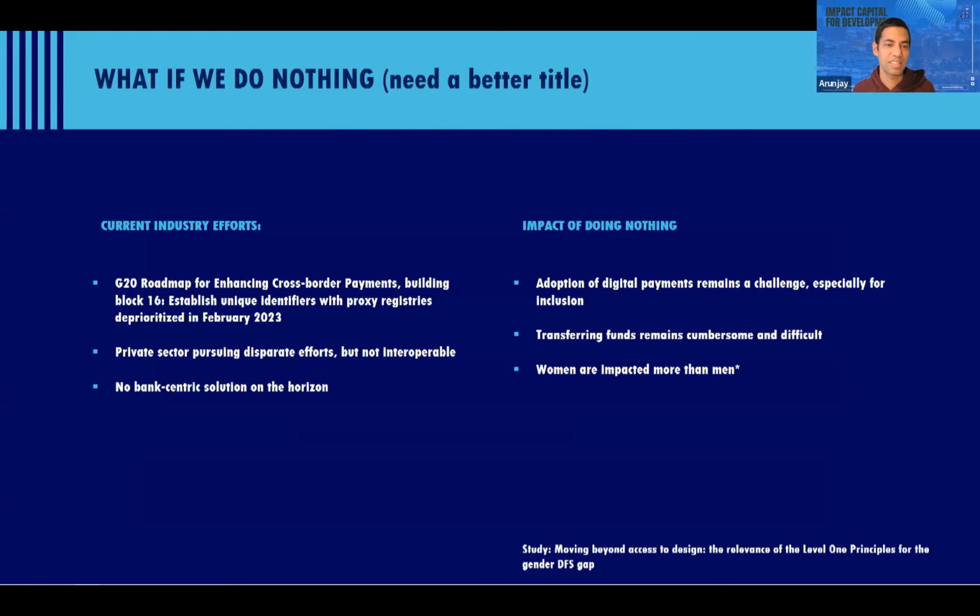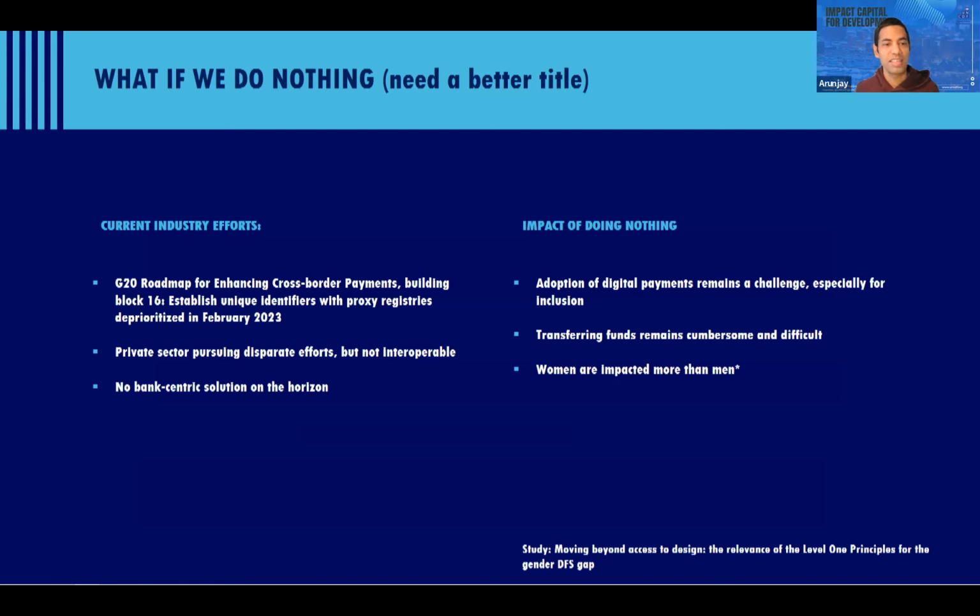Building block 16, which is still part of the roadmap, has been deprioritized in February 2023, right? What this means is that from the G20 perspective, they have made a decision to focus on other areas, particularly interlinking and compliance, but not on building proxy registries.